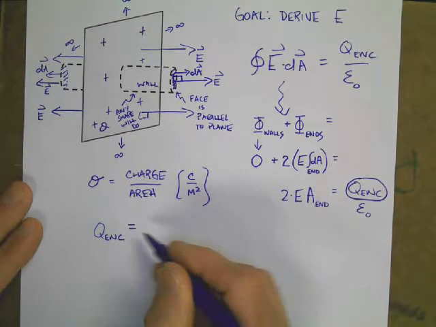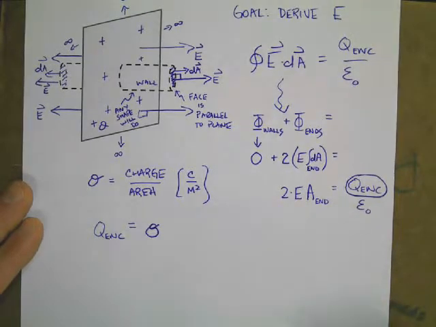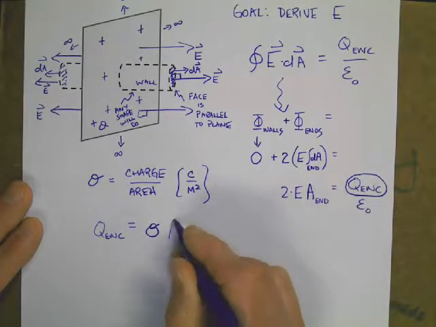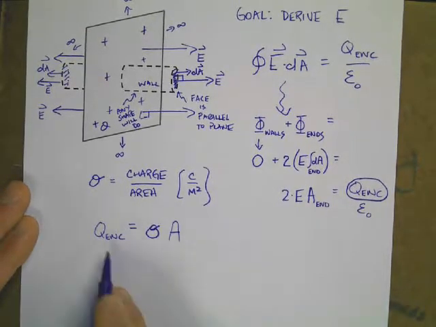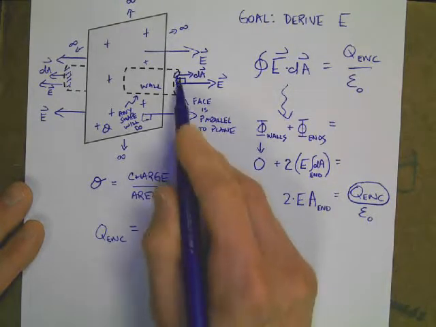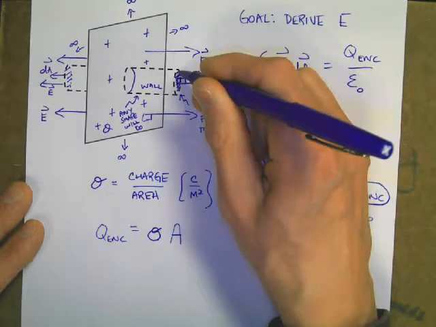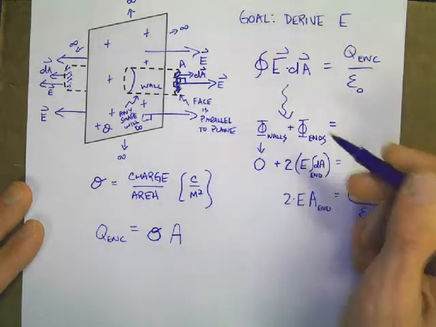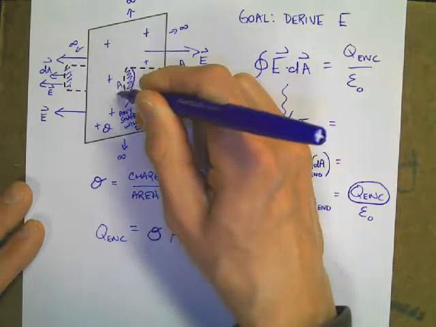we can write the Q enclosed is equal to sigma times A. Okay. Q enclosed is equal to sigma times A. Now, where does that come from? Well, remember, go back up to your picture, and that area here that we called A is the same area right here.